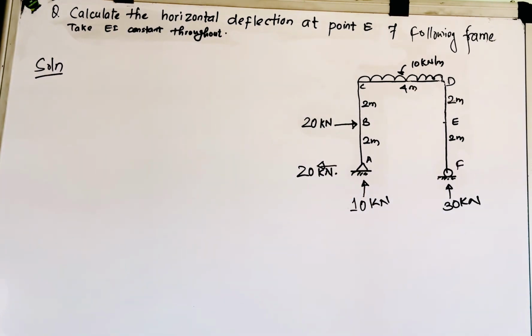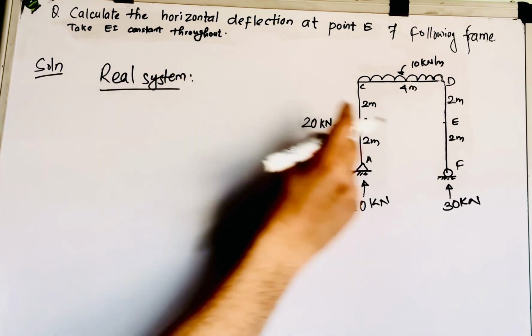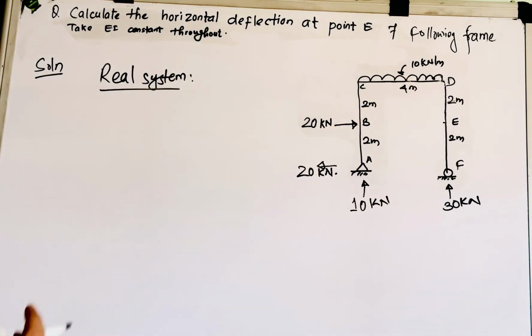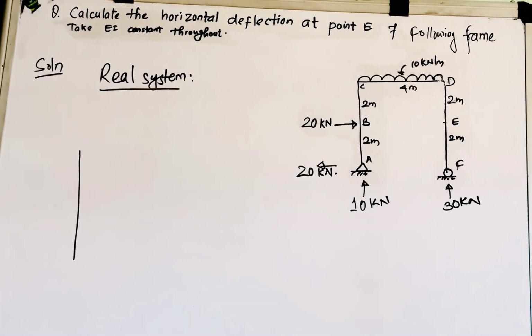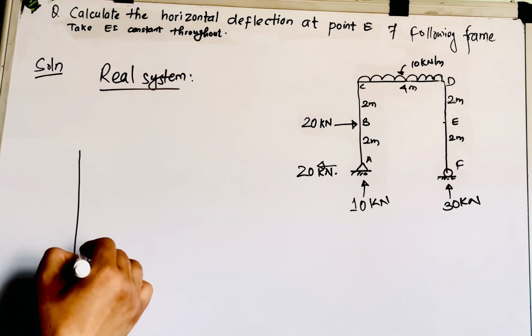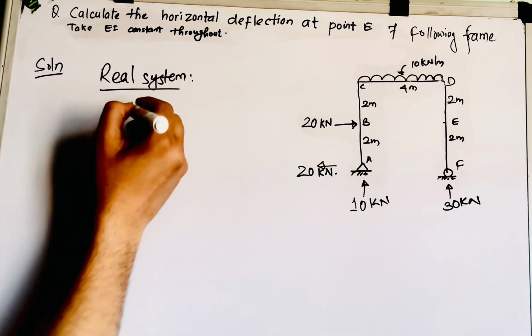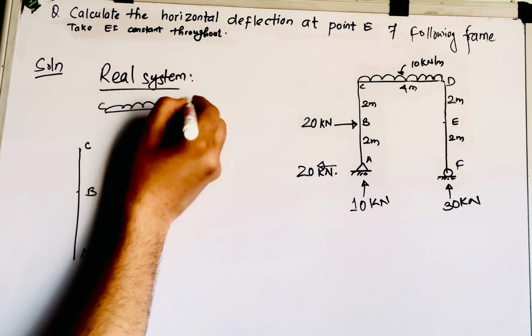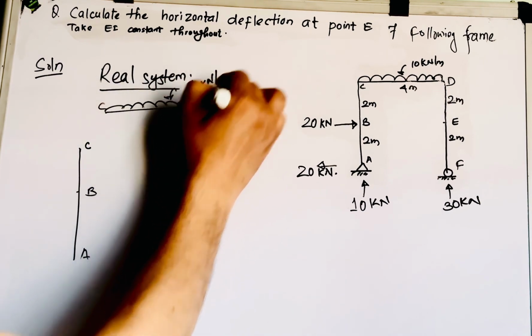Since you are doing the M system, this is the real system, so now you need to balance this system and make a figure. What does a balanced system look like? You can make a figure like that. I will try to make a balancing of this frame. Let this be A, let this be point B, let this be point C, and there is C and D. This is the CD span having a UDL of 10 kilonewton per meter.